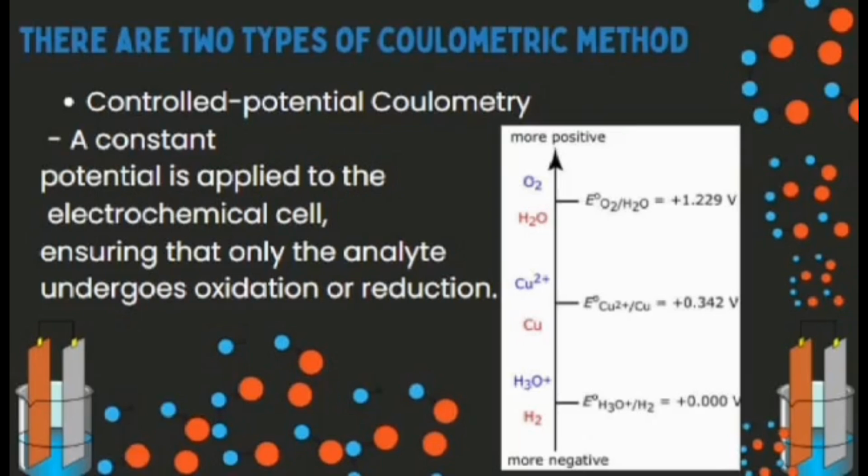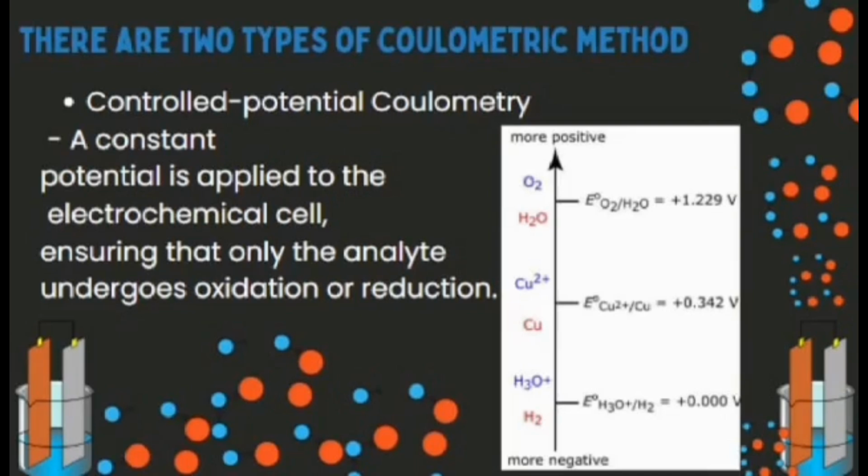This technique is used to determine the concentration of specific metal ions in solution or to analyze trace elements in environmental samples. So the advantages of constant potential are high selectivity due to the controlled potential, accurate quantification, and suitability for analytes with slow reaction kinetics.